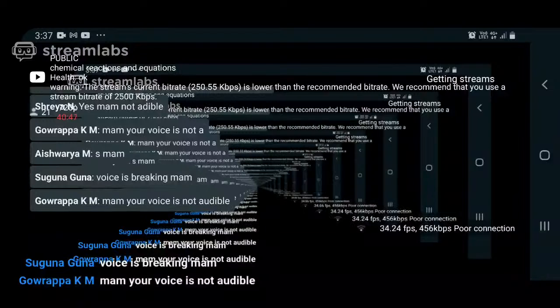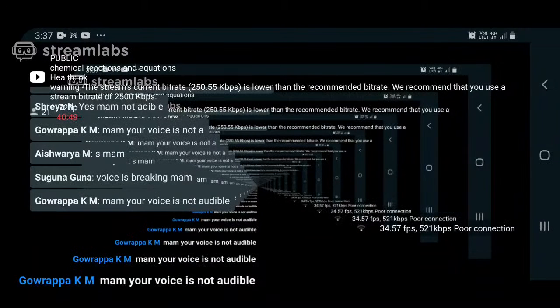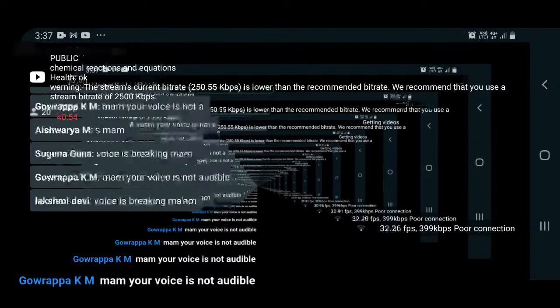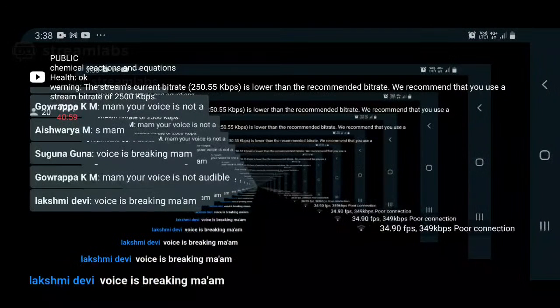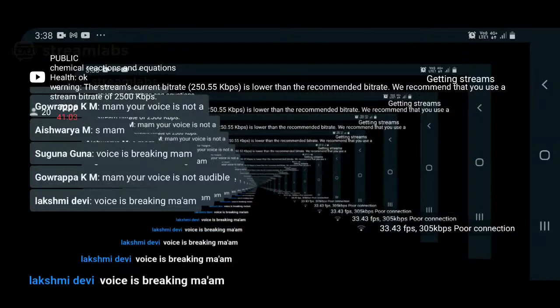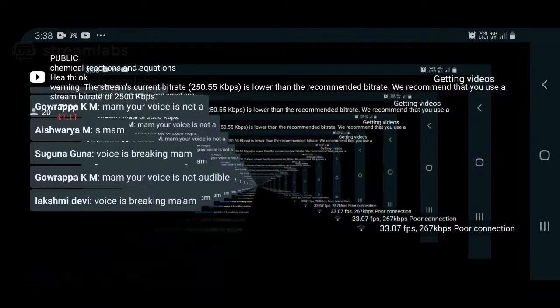Yeah, it happens because when I share the screen, you can't hear me clearly. I know that. Okay, you all have come across an equation, right? Carbon monoxide combines with hydrogen to form methyl alcohol. Another equation is carbon dioxide with water in the presence of sunlight and chlorophyll.